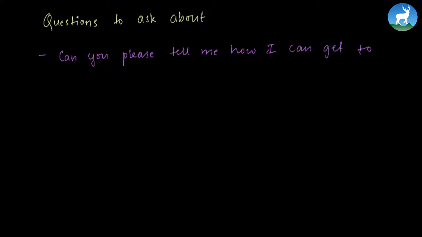You can write a place name here. So in this question, I'll be referring to Singhdarbar. So here's the question. Can you please tell me how I can get to Singhdarbar?